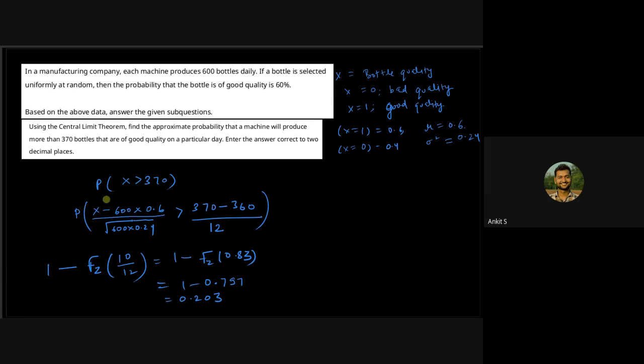So what we will do is first write the probability that X is greater than 370. Then we will try to standardize this. For standardizing, we will subtract the mean. We are aware that it follows a binomial distribution, but still we are not using the binomial distribution. From the binomial distribution, we calculate the mean of X and divide by the standard deviation, the square root of n sigma squared.